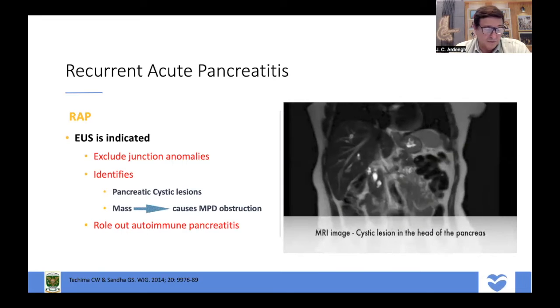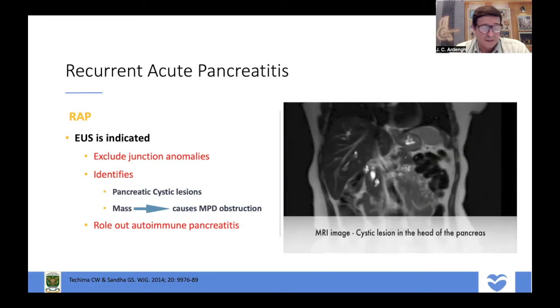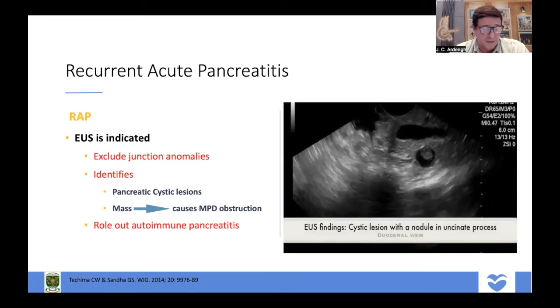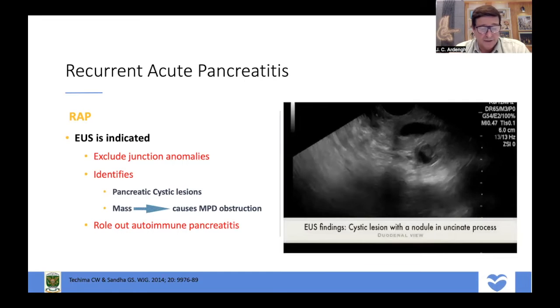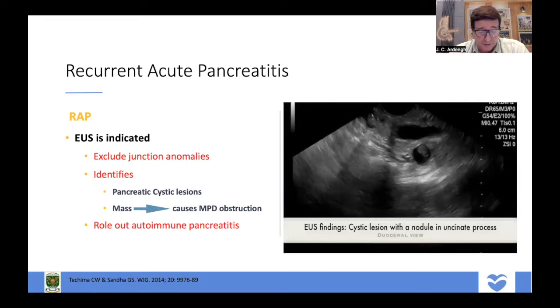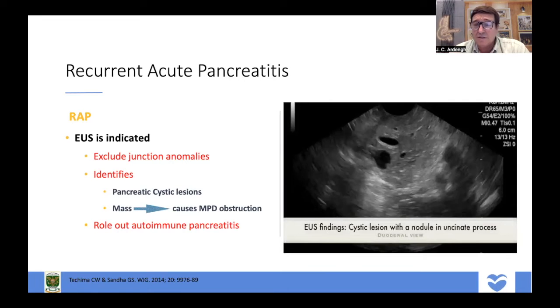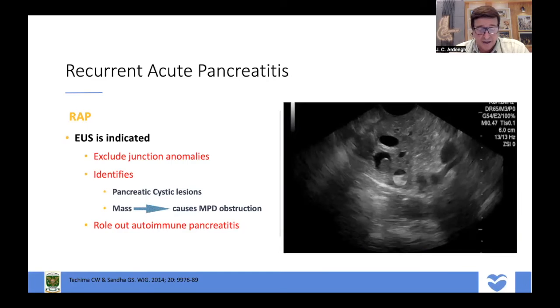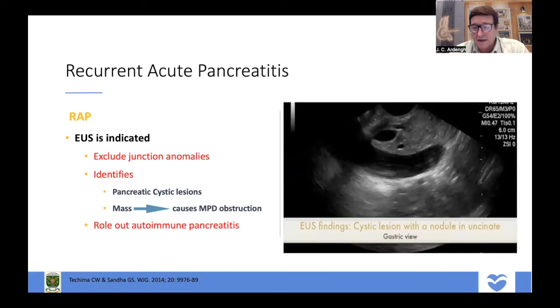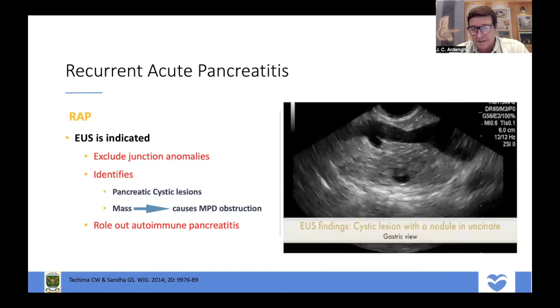This video shows one case where EUS confirmed a BD-IPMN with vegetation, not seen in the MRI, inside the cyst as a cause of acute pancreatitis.